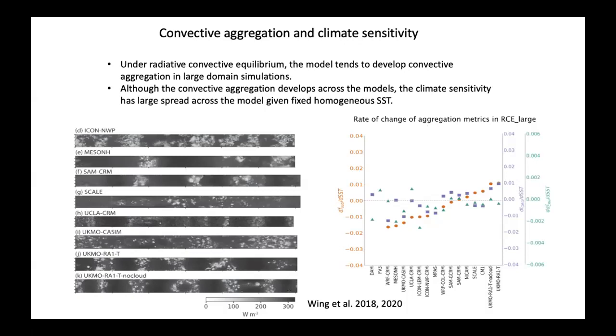However, although the convection aggregates across the models, the convection structure varies among the models as shown in the lower right panel. And these different convection structures have an impact on the climate sensitivity, even though the horizontal distribution of SST is fixed.